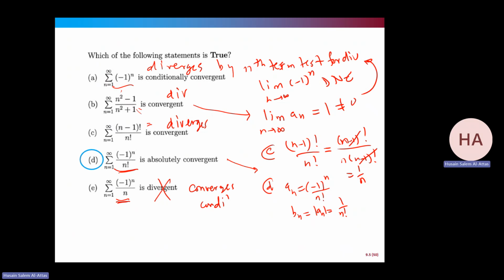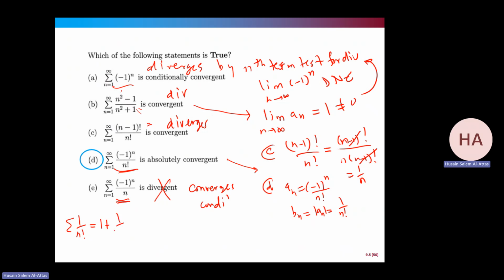It's not a difficult one. It is a little bit lengthy, where you need to compare it with 1 over 2 to the power n. Let me just check it. You need to compare it with this summation, 1 over n factorial.